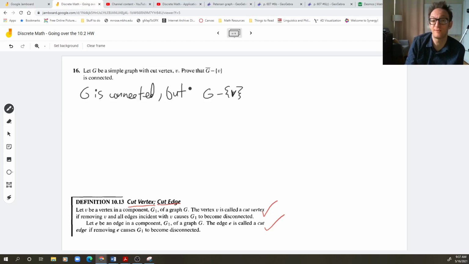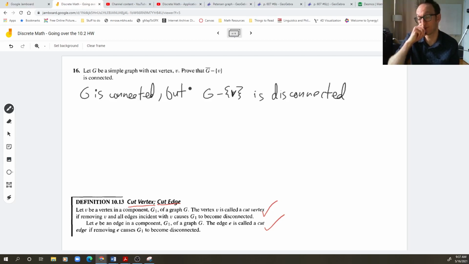It's the new graph that you get by taking graph G, removing vertex V and all edges incident with that vertex. It is disconnected. Okay, that's just what it means for V to be a cut vertex. So prove now that G complement minus V is connected.